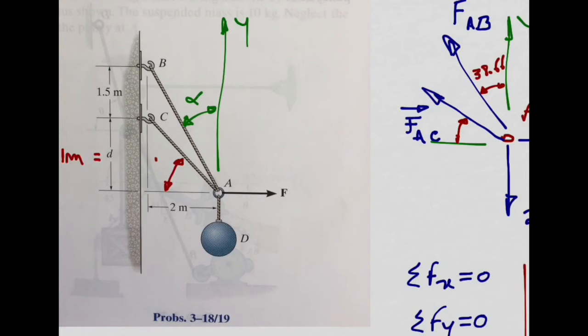Let's say this is my angle beta. So I can do it in a similar way. I can say tangent of beta is going to be equal to 1 meter over 2 meters. So it means beta is going to be equal to, sorry?